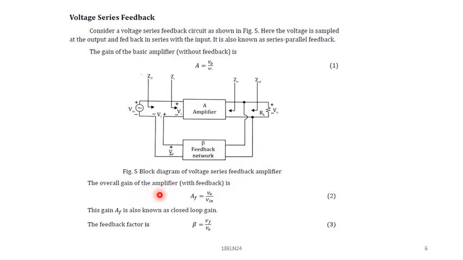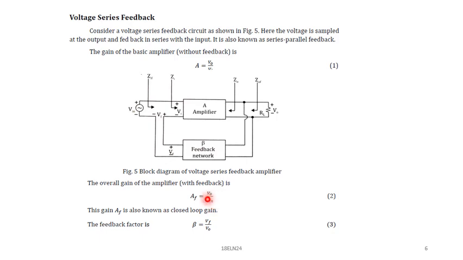Next, the overall gain of the amplifier, considering this feedback network, is given by AF. AF indicates the feedback here. It is equal to V0 by Vin.